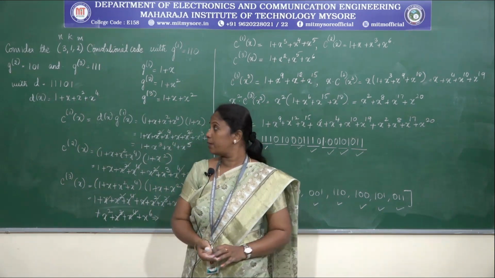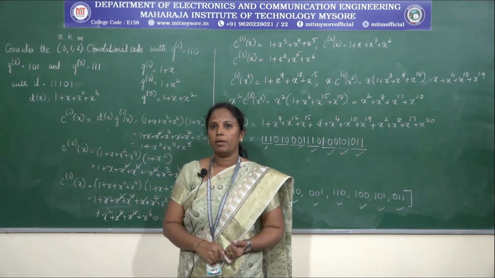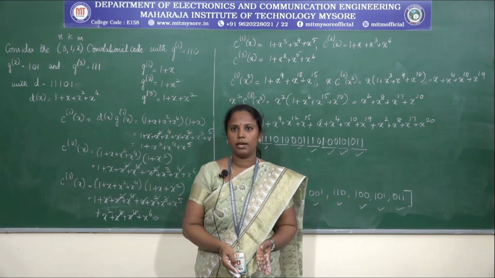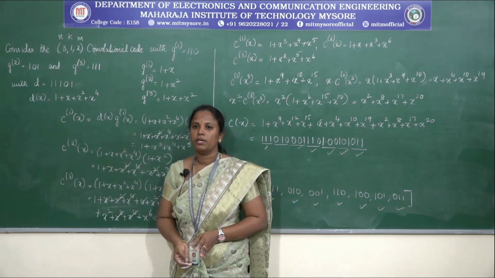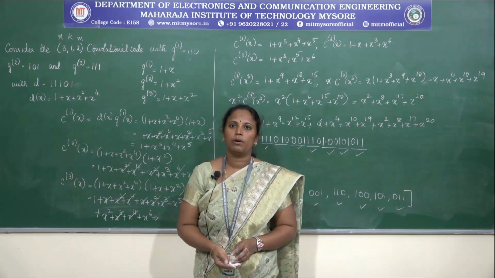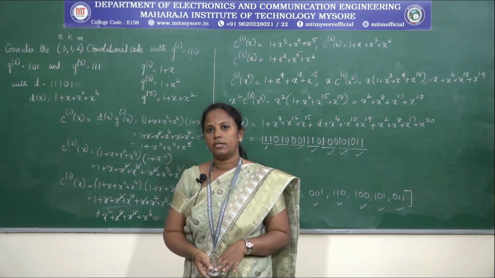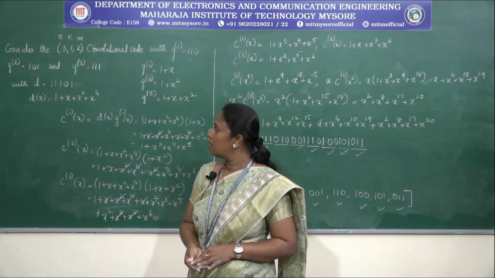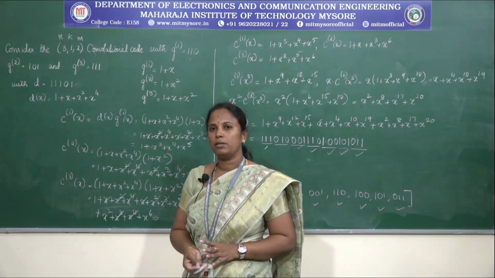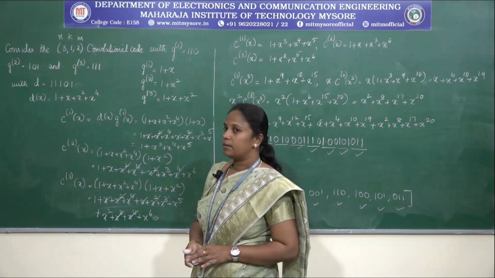So this is how we are going to solve the problem with respect to the two approaches for your convolutional encoder. Now the problem can be asked either by giving a block diagram or without a block diagram. If they give you the block diagram, you need to find the generator polynomials or the generator sequences, as the message input will be given in both cases.